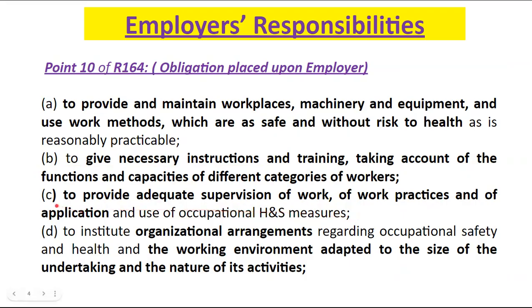In point D, it is clearly mentioned that the employer responsibility is to institute organizational arrangements regarding occupational safety and health and the working environment, adapted to the size of the undertaking and the nature of its activities.